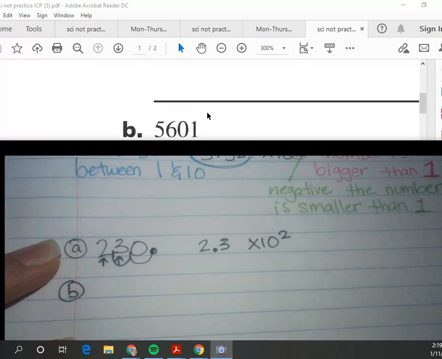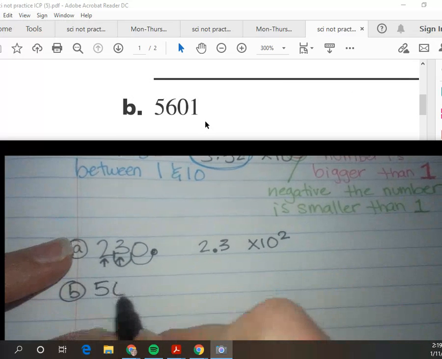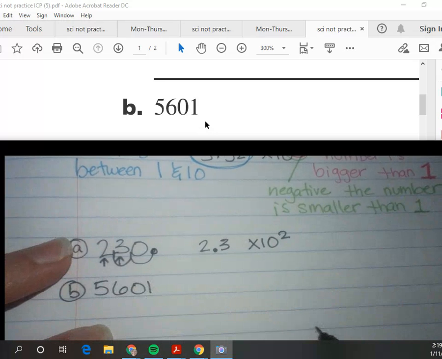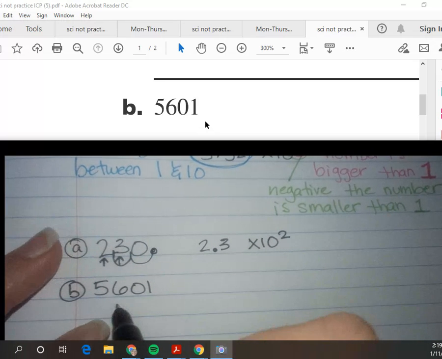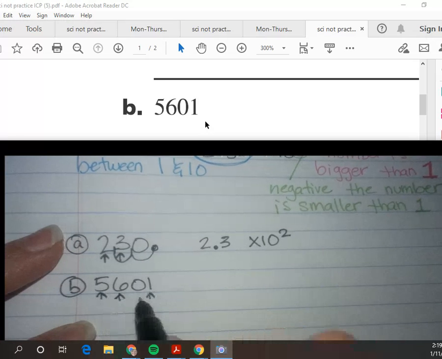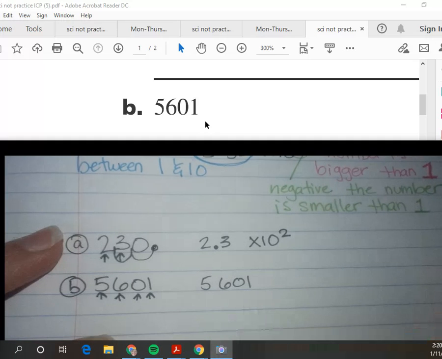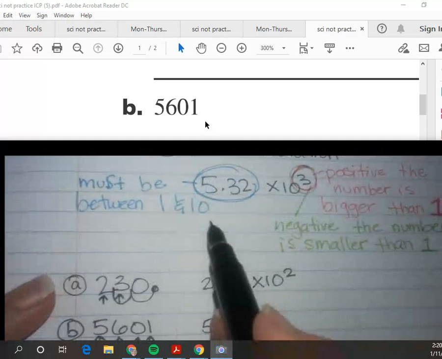In our worksheet online, our next question is 5,601. So our significant digits rules, all non-zero digits are significant. What about that 0? Shake your head, is that 0 significant or not? Yes, because it's in between, right? So we got to use all of our numbers. But that number is not between 1 and 10.